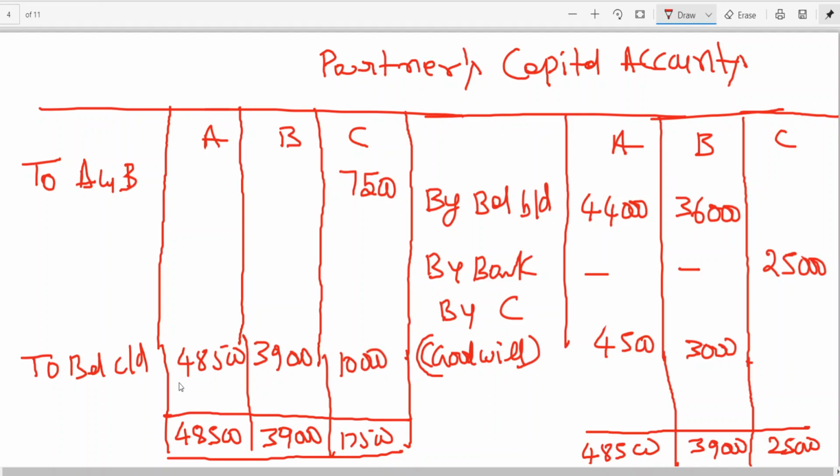So what is the closing balance? A 48,500, B 39,000, C 10,000. Sorry, C is 25,000 minus 7,500, it is coming to 17,500. Now after this you can go for preparation of the balance sheet.